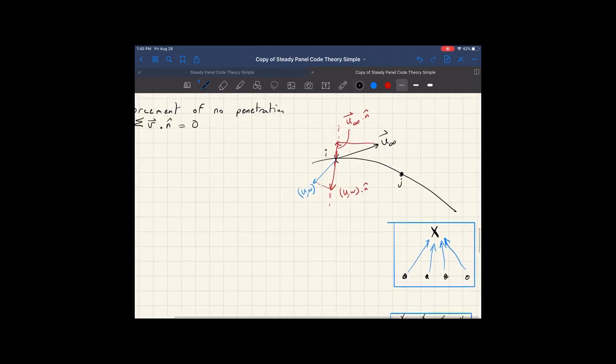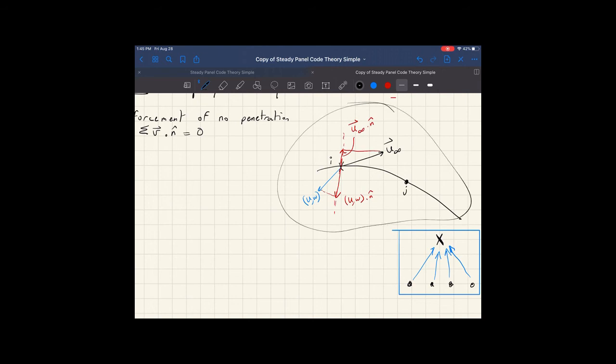So again, here we have a diagram that shows what I mean by that. So if you have basically a free stream coming this way, it has a component in the normal direction, and you want to set the strength of your vortex J so that the total velocity at collocation point I that's normal to the surface goes to 0.